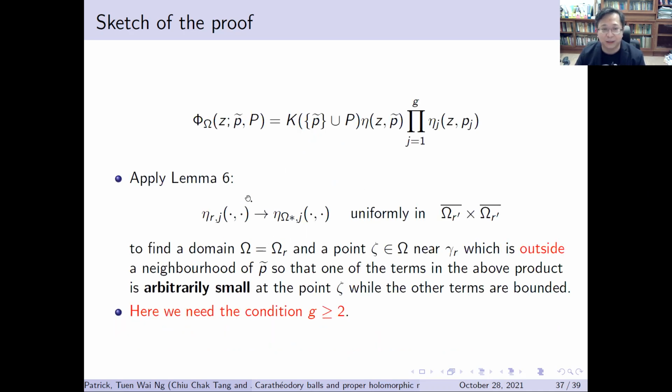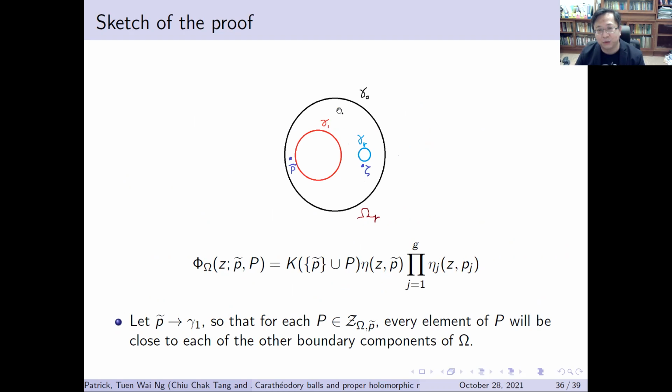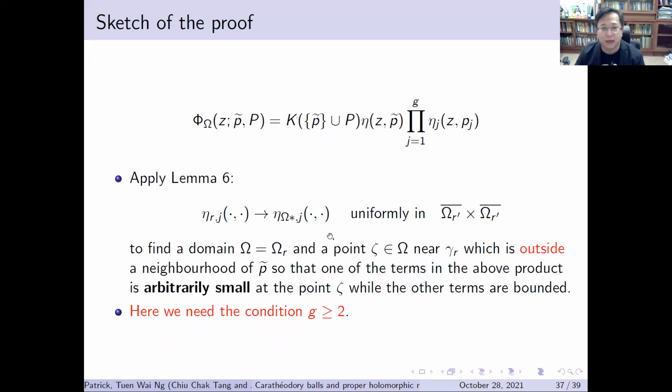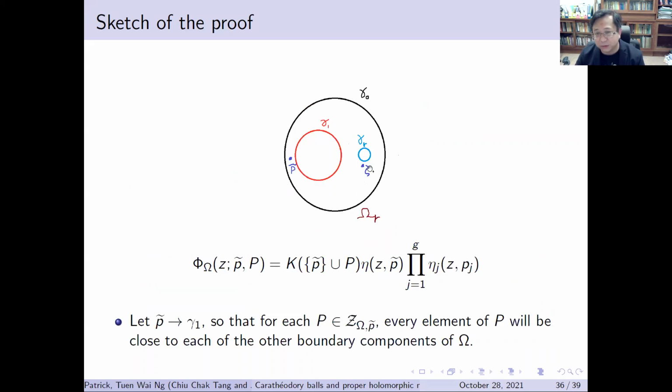And then we make use of lemma 6, which says that this kind of conformal map eventually will approach the conformal map which maps the region without this circle. Using this fact, it's possible to find some little r so that we can also find some theta which is close to this circle.